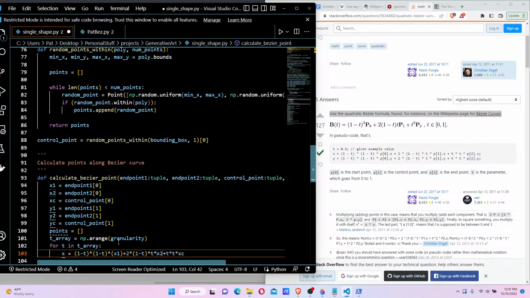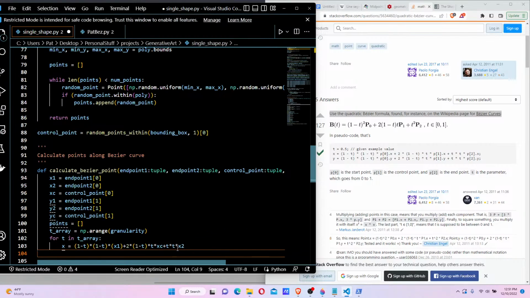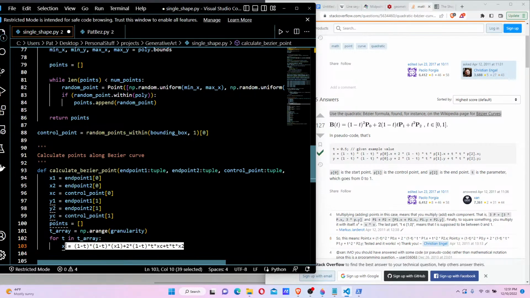Oh, no, xc, x2. Okay. And then y is just the same thing as that, but with y's instead of x's. 1 minus t, that should be y1, 1 minus t, xc turns into yc, and x2 turns into y2.